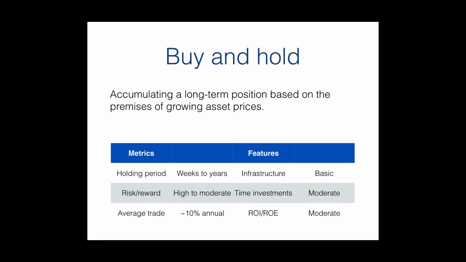Buy and hold. We accumulate a very, very long-term position based on premises of growing asset prices. So we believe that this asset or this group of assets will increase its price over time. Therefore, we only wait for good moments to increase our long-term position.